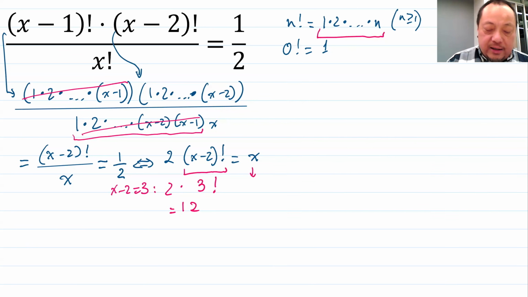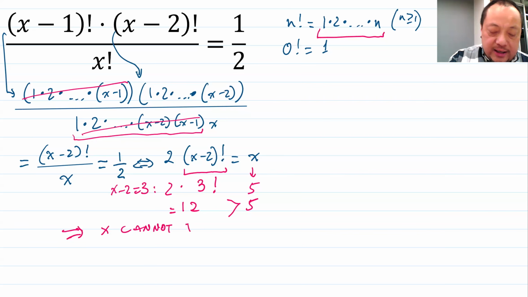Whereas on this side, if x minus 2 is equal to 3, then x is equal to 5, and 12 is greater than 5. And since factorial grows fast, if it's already 12 greater than 5, then the next number is going to be even bigger. So x cannot be greater than or equal to 5. There's no way any larger number will work.